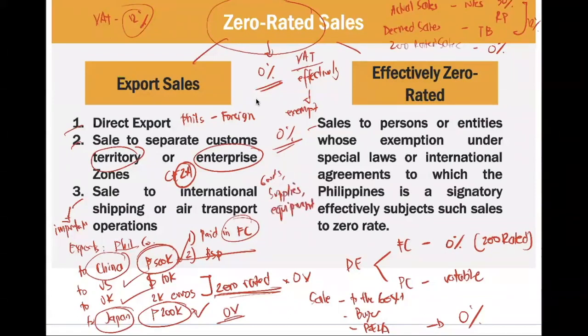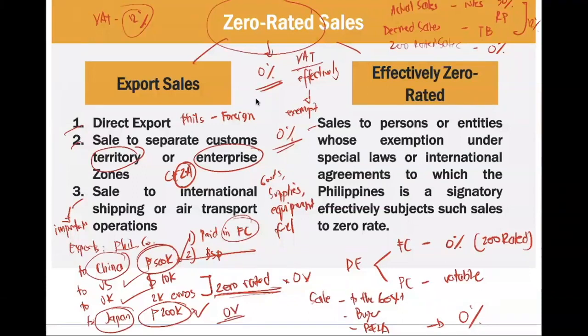Remember this? If ever you imported supplies, equipment, fuels for international shipping or air transport operations, you are exempt. Importation yon. But if you sold goods, supplies, equipment, including fuel, for international shipping or air transport operations, it is zero rated.